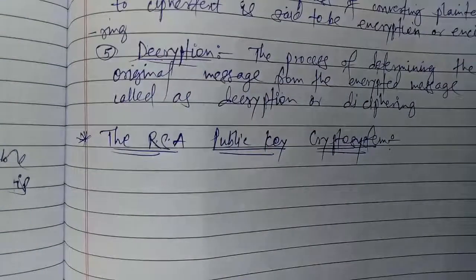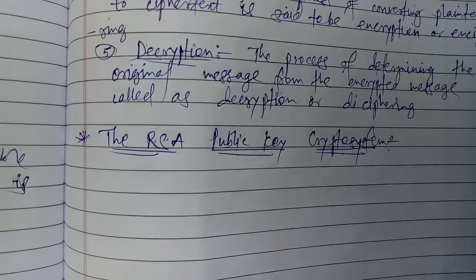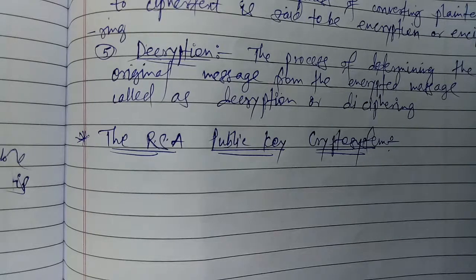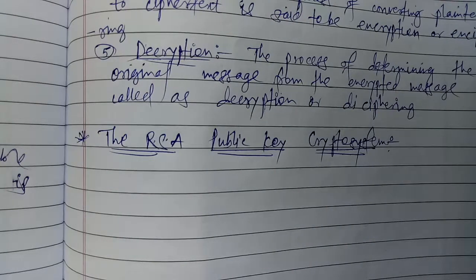A trapdoor function is very easy to compute, but computing the inverse of this function is very difficult. However, finding the inverse becomes easy if certain information is known. If some certain information of the function is known, then its inverse is very easy to find.